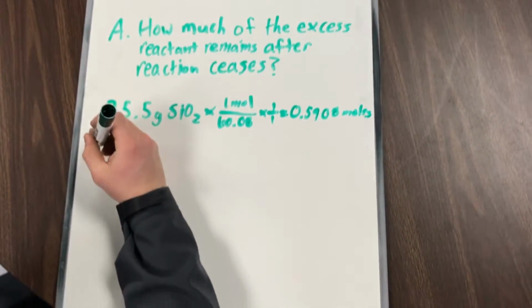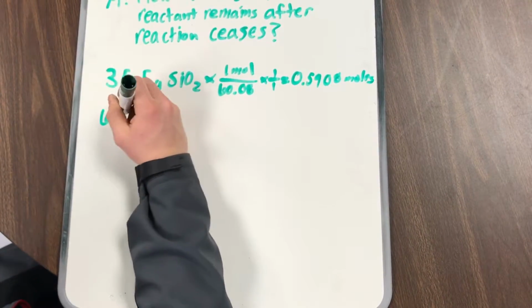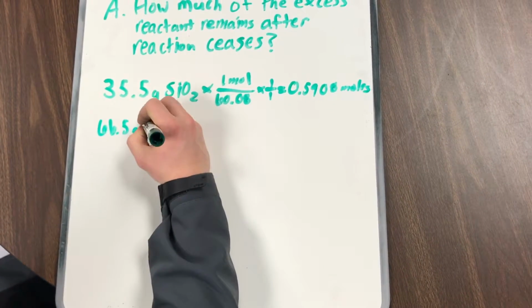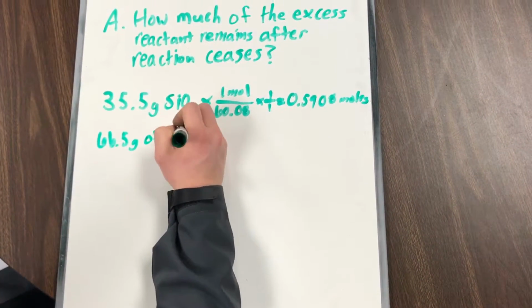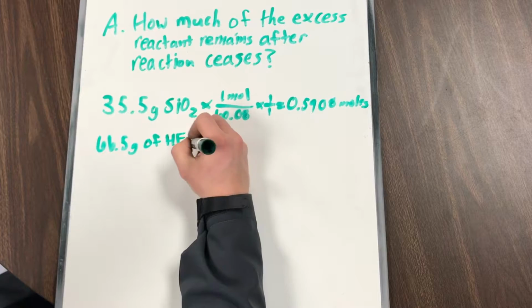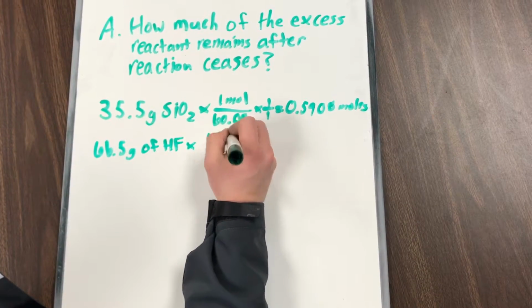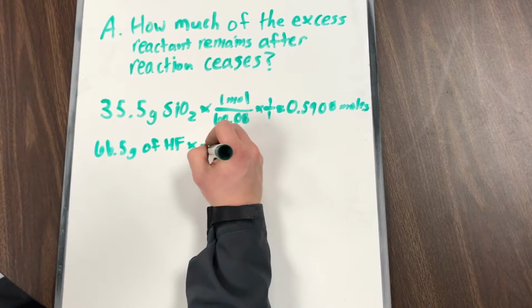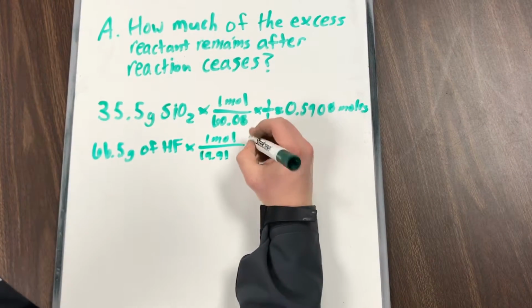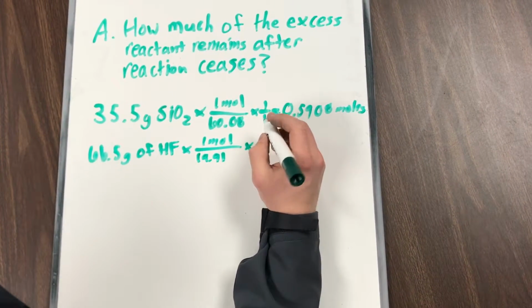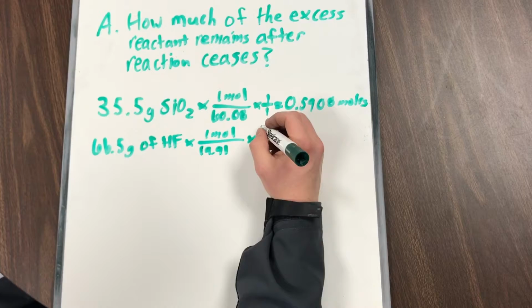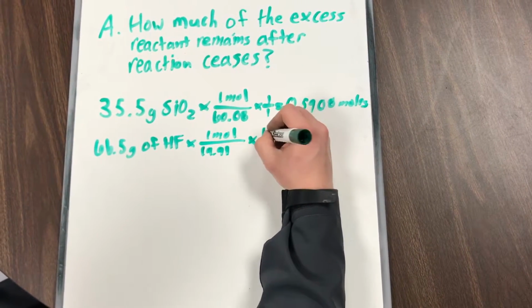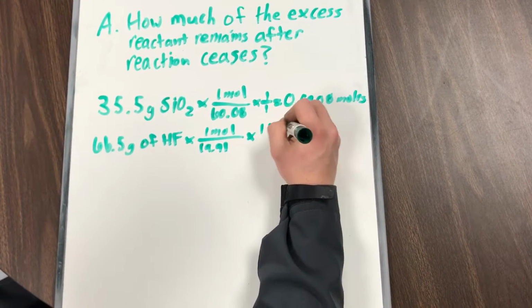Then we have to do the other reactant, which would be 66.5 grams of HF times 1 over 19.91 times 1 over 6, which would be the mole ratio. And as an answer, we would get 0.5567.